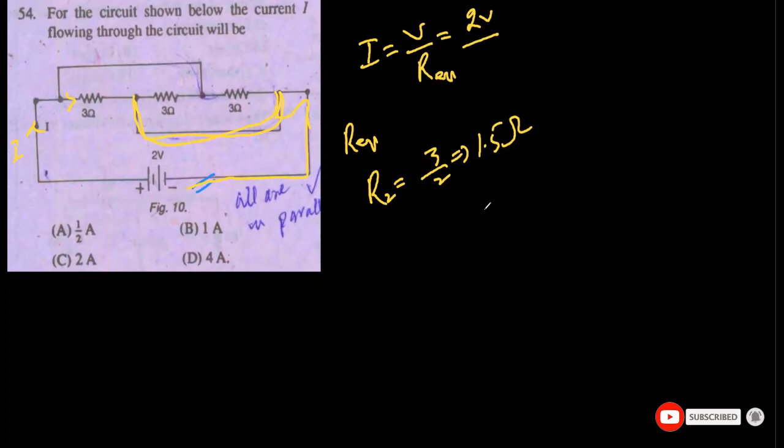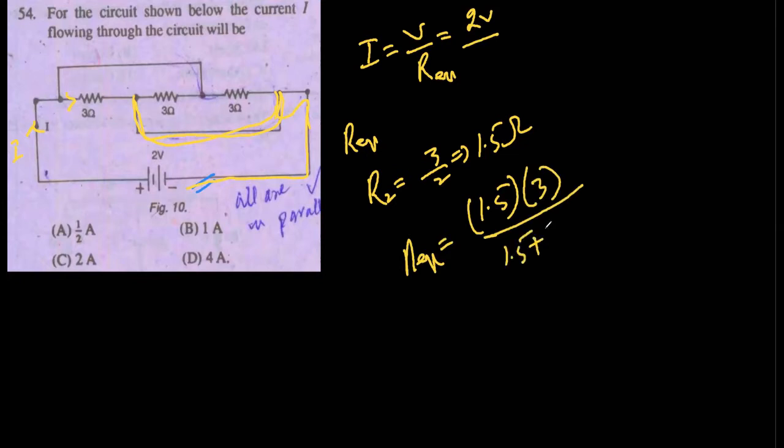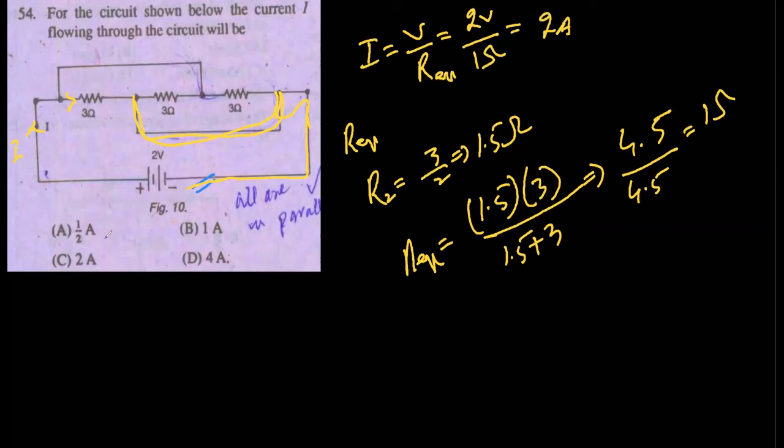So your R equivalent will be equal to 1.5 ohm times 3 divided by 1.5 plus 3, that will be equal to 4.5 divided by 4.5. So your resistance will be equal to 1 ohm. So your current will be equal to 2 ampere. So option C will be the correct answer.